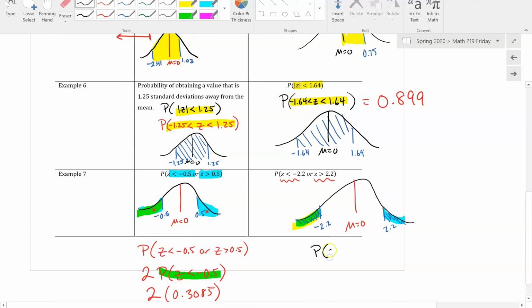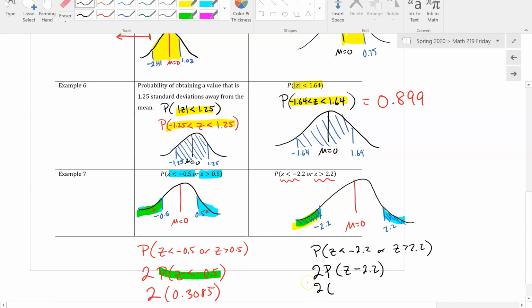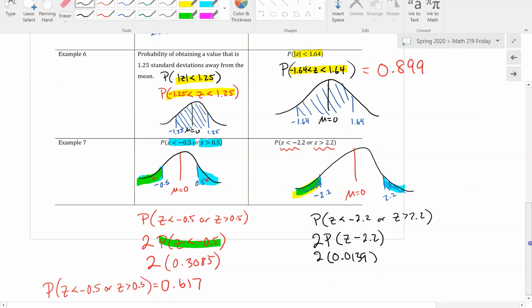The probability of z being less than that or greater than that is the same as twice the probability of just being less than negative 2.2, which is twice 0.0139, which is 0.0278. That's the probability of landing in that region.